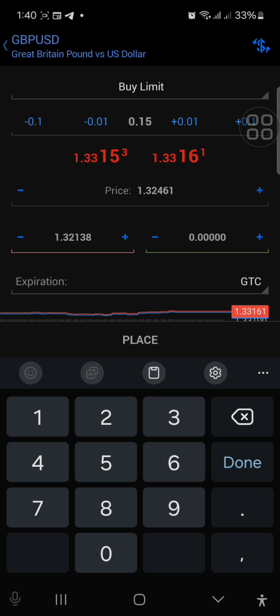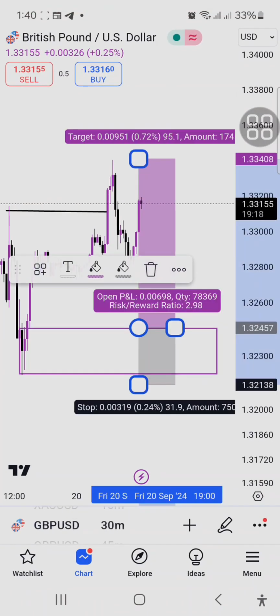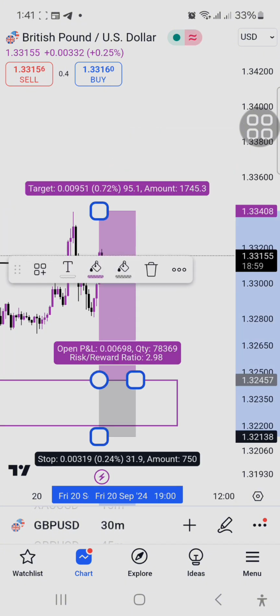Okay. So according to this, I'm using almost a 1 to 3 risk to reward ratio. Since I'm risking $48, I should be expecting something around $130 and above as my take profit. I'm just trying to let you know what it implies. If I'm risking $48 and I'm using a risk to reward ratio of 1 to 3, I'm expecting $130 at least if this trade goes in my favor.